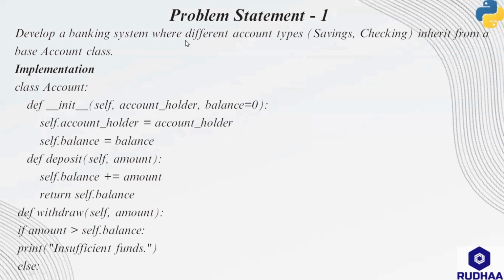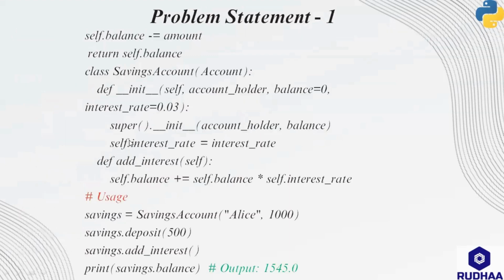The account class should be a base class or parent class, where the savings and checking accounts should be child classes. So it will be a multiple inheritance method. Let's see the program for this. This is the layout of the program. Now let us see how it works.